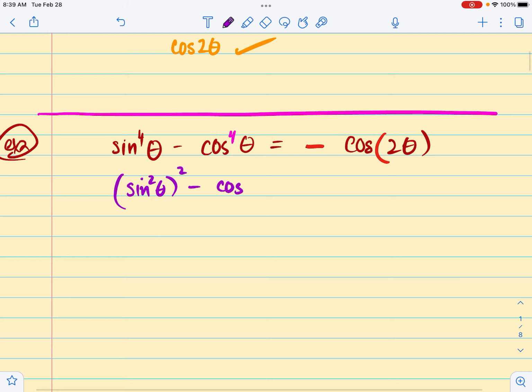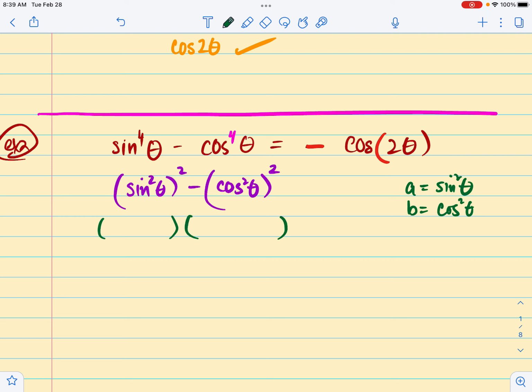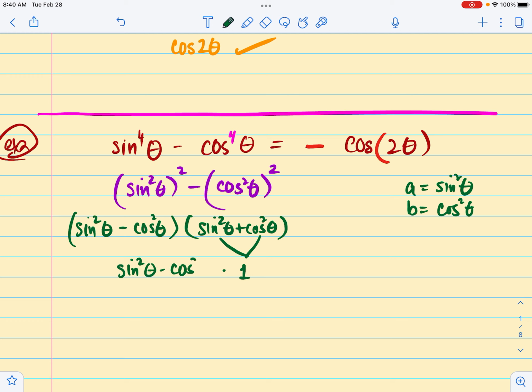So this can be written as the square of sine squared and the square of cosine squared, which makes my a value sine squared theta, and b value cosine squared theta. So if I factor it out as a minus b times a plus b, and once I do that, this right here is our Pythagorean identity. The value for that is 1, and we're multiplying by 1, which I can completely erase, because multiplying by 1 is the same thing.